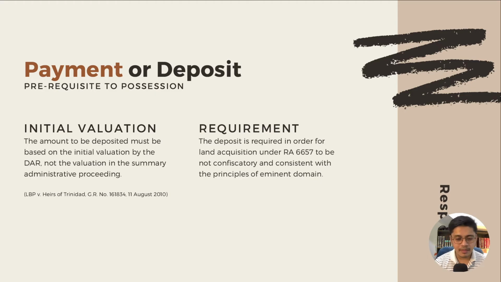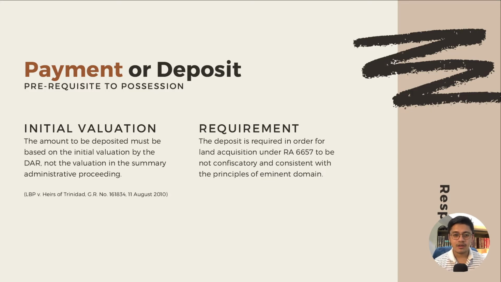Because payment of this amount, or deposit of this amount, is a prerequisite to possession. All right? This initial amount, this initial valuation, therefore, must be deposited, no, for purposes of enabling the DAR, enabling the government to possess the property.